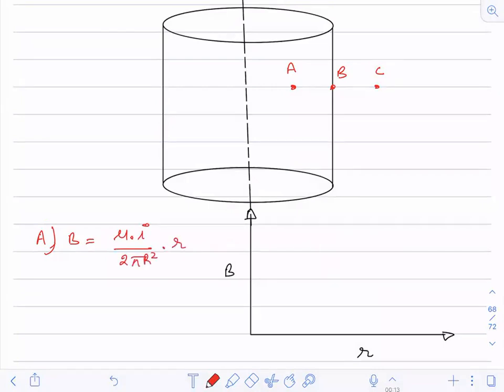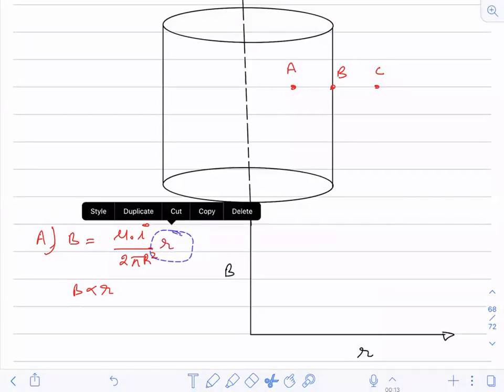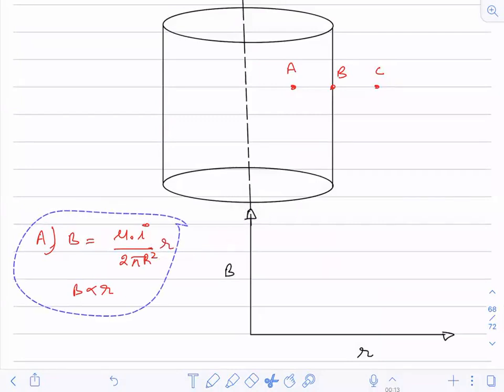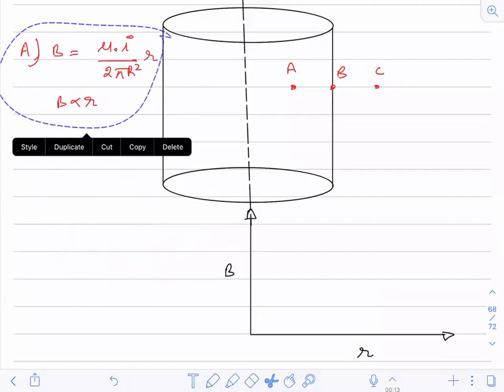So B was directly proportional to r. This is for point A.